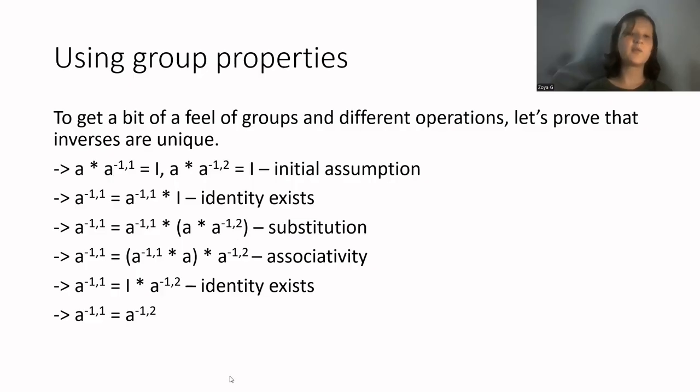And finally, bring it all full circle to show that A inverse 1 must equal A inverse 2. And this proof is very general. We did not explicitly define A inverse 1, A inverse 2, which means that when we are talking about inverses, we talk about the inverse of an element, not an inverse of an element.